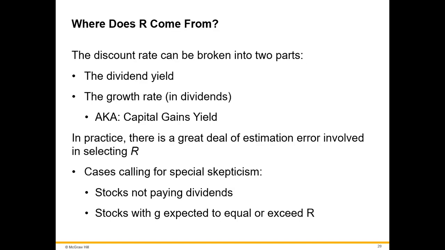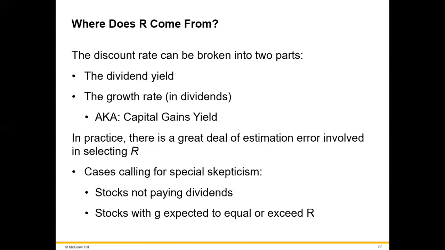Sometimes there's skepticism in figuring out a rate of return because maybe there are stocks that aren't paying dividends, or stocks with growth expected to equal or exceed their rate of return. If the growth rate in dividends is expected to equal or exceed the rate of return, that's weird.